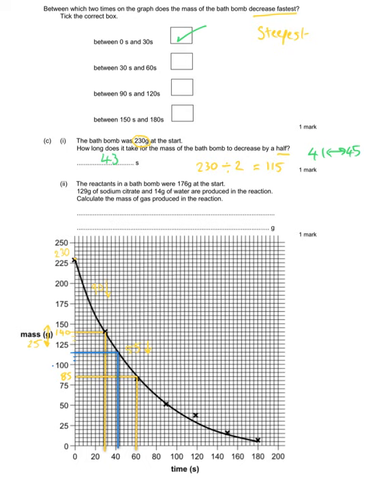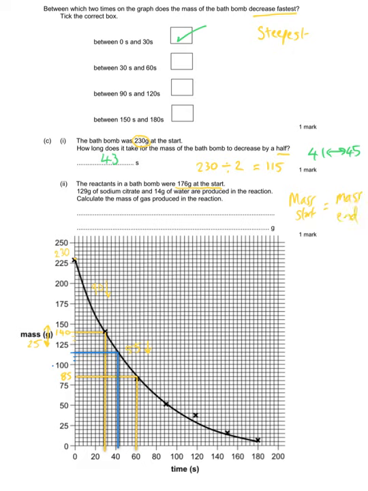And then finally, the reactants in a bath bomb were 176 grams at the start. 129 grams of sodium citrate and 14 grams of water are produced in the reaction. What is the mass of the gas? Now, one of the rules is that the mass at the start must be equal to the mass at the end, because you cannot just destroy atoms from nowhere.